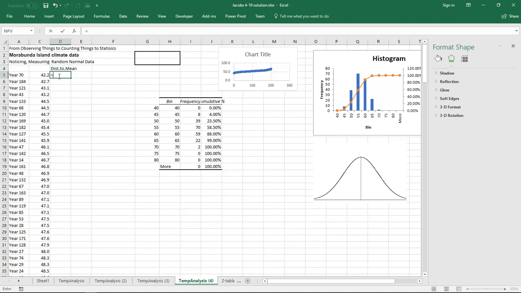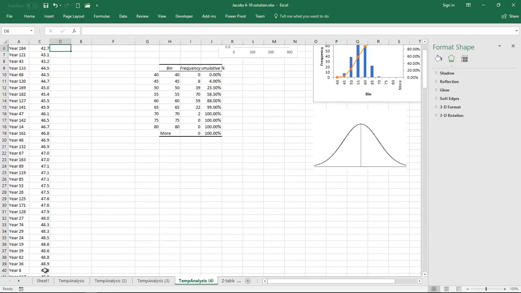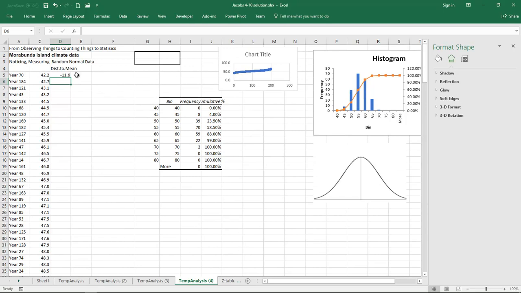So we're going to take our number and subtract what the mean was. So we're down below the mean by 11.6 at the lowest minimum value in our range. Our range is 42 to 67, 68.